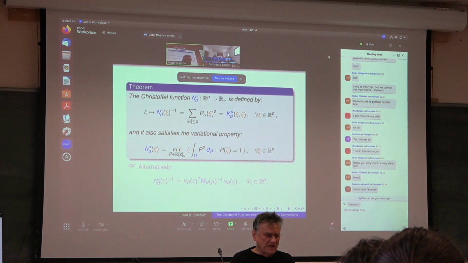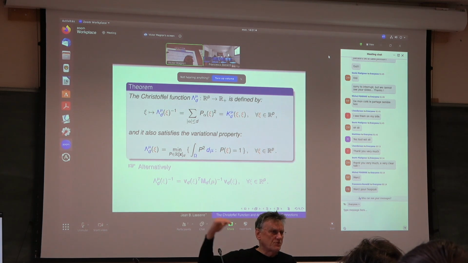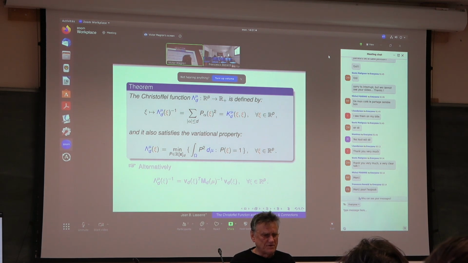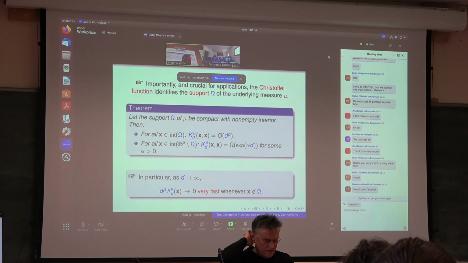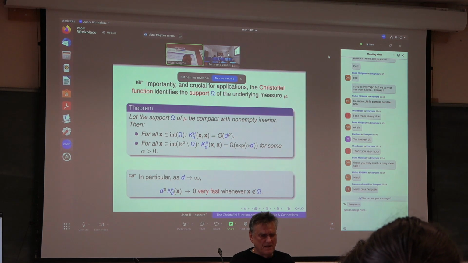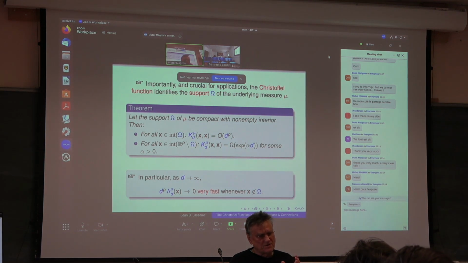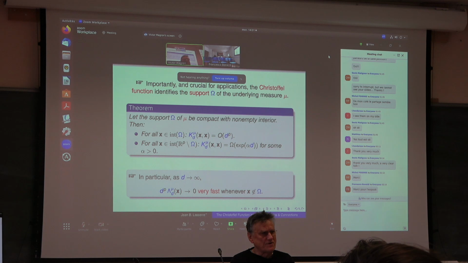Because when the degree d increases, you add more and more terms. So this is a positive function, a sum of squares. And when the degree d increases, of course, the value increases. Okay? And the idea is to look at how this increase looks with the dimension and the degree. And this is the nice property of the Christoffel function.